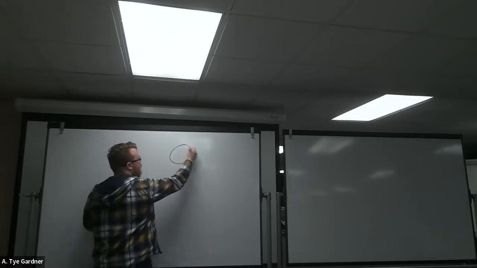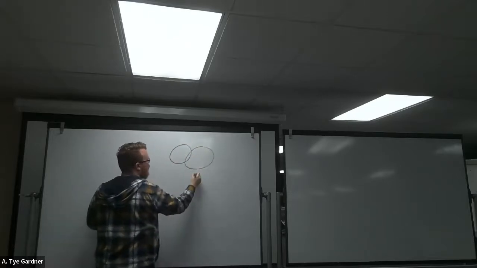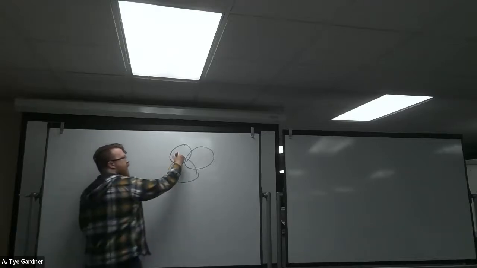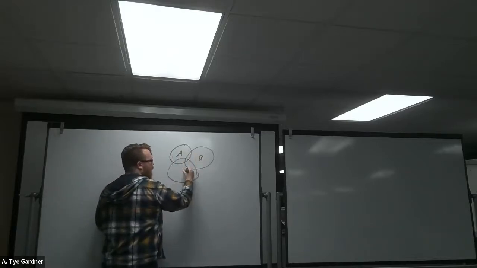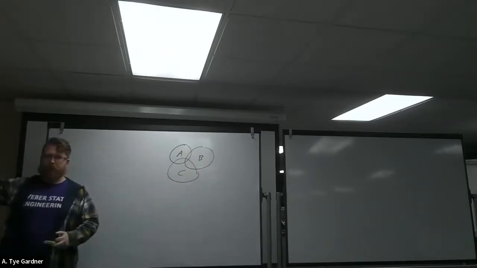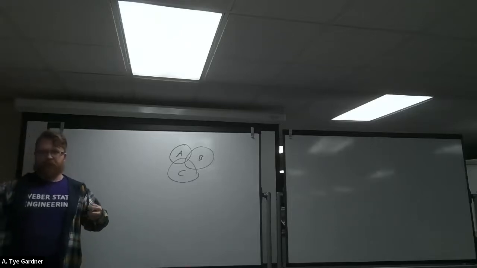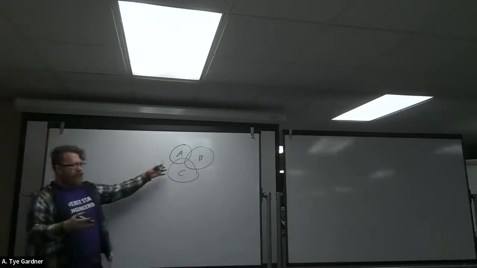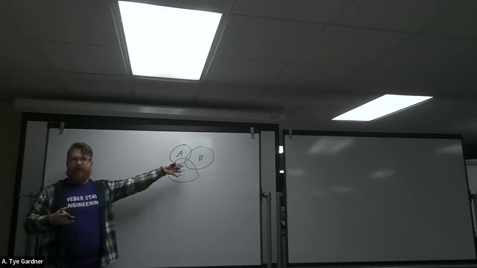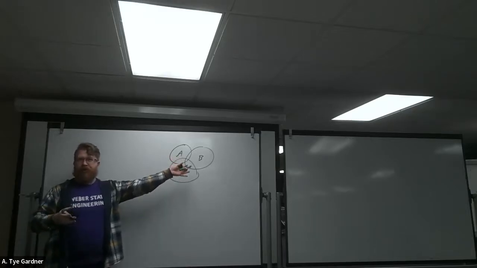So let's talk, right? Venn diagrams. So the concepts are, if I have variables A, B, and C, right? These are variables, which are usually tightly linked to signals, right? Usually when we're using a Boolean variable, each of these is just true or false.